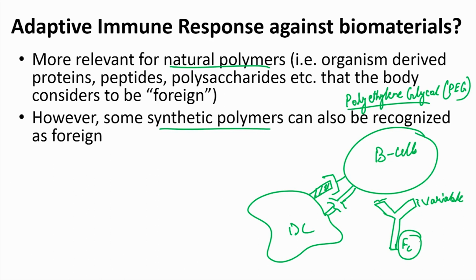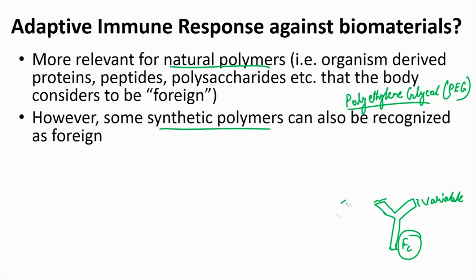Once it binds to your material or polymer, it is going to keep on attracting more immune cells. If it is small enough, the immune cell is going to engulf and degrade it. If it is large, then the immune cells are going to come to the site and try to wall it off. So, all those responses will start to happen. Synthetic polymers can also be a candidate to cause an adaptive immune response.